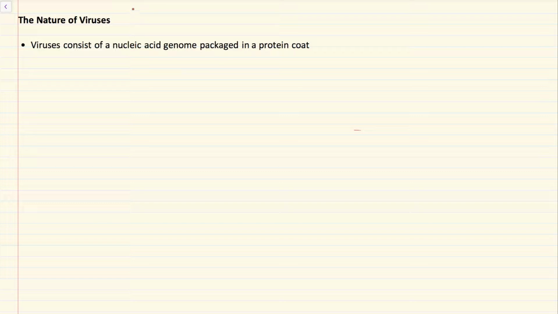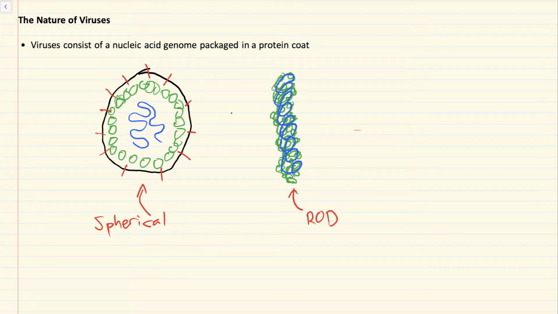So the two most common forms of virus are the morphologies shown below. The most common shapes that viruses come in are roughly spherical shapes like this, where they contain a lipid bilayer surrounding the outside of the protein capsid, and these red lines here are the envelope proteins that allow stuff to go in and out of the virus.